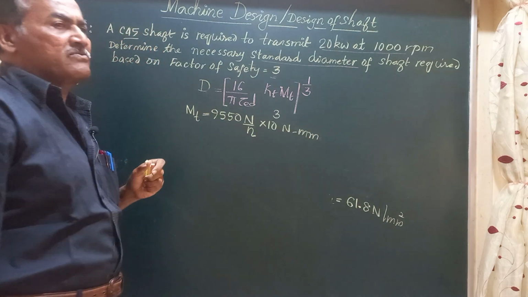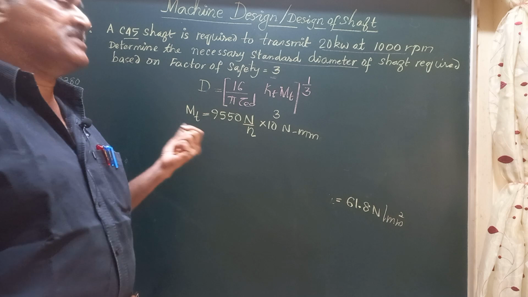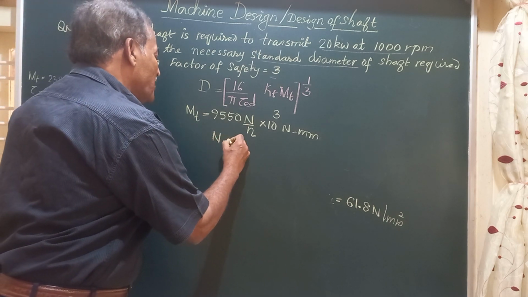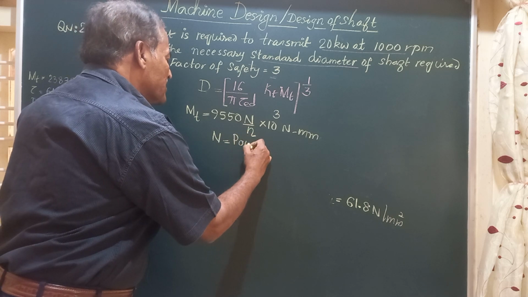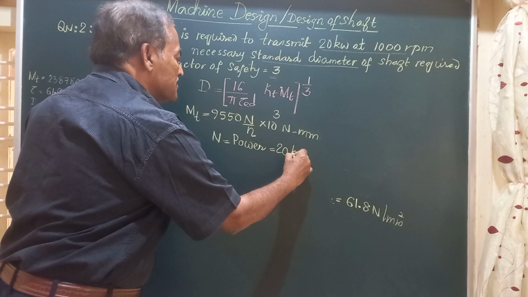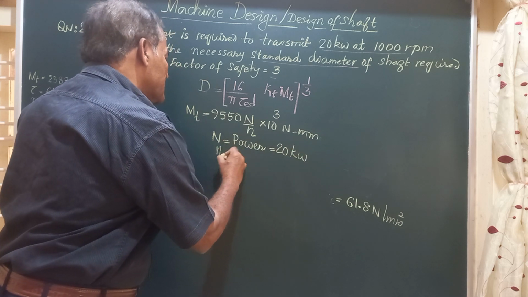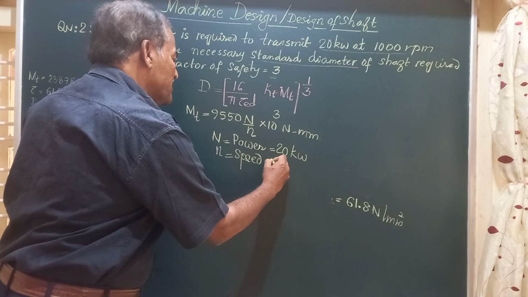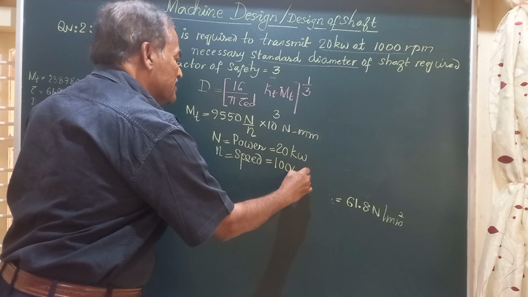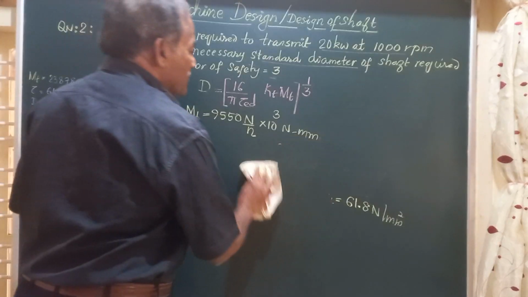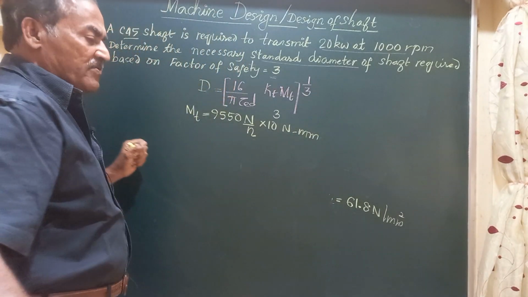And this is the equation once again available in the data handbook, where this N stands for the power to be transmitted, that is 20 kilowatts, and n is the speed of rotation of the shaft in RPM, that is given as 1000. Friends, if you make this substitution in the formula, you will be able to get the value of torque.